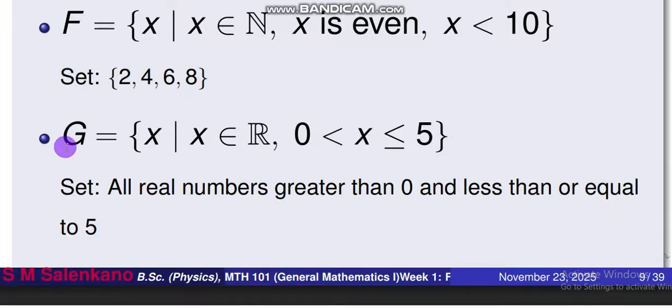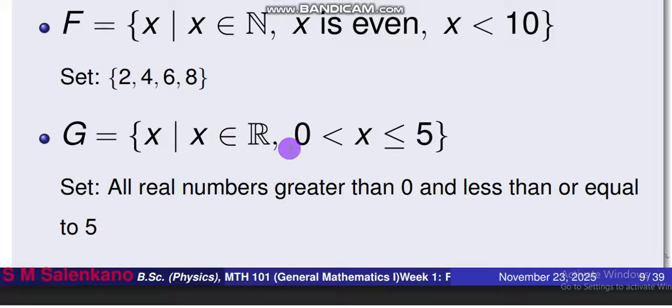Then we have set G. Set G is a set of variable x such that x is an element of real numbers. And it is between 0 and 5: 0 is less than x, meaning x is greater than 0, but less than or equal to 5. So it's between 0 and 5, but 0 is not included.